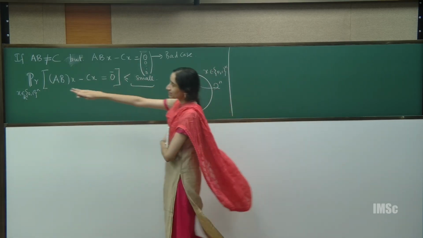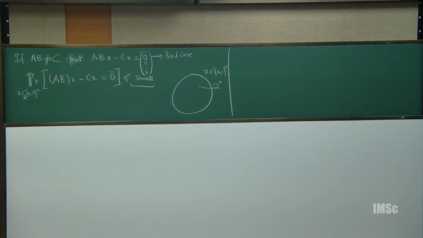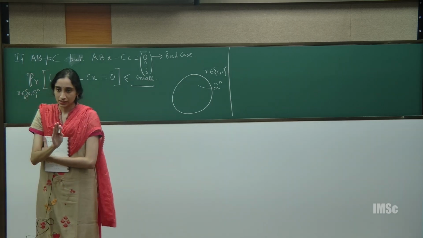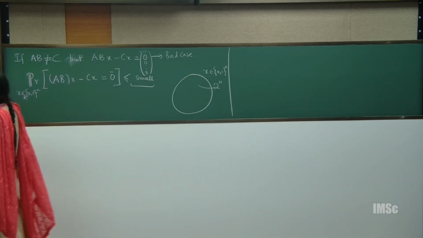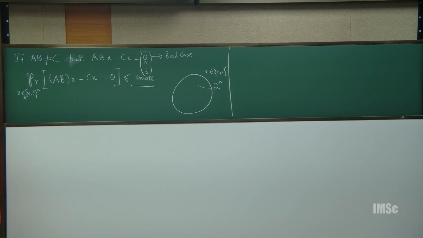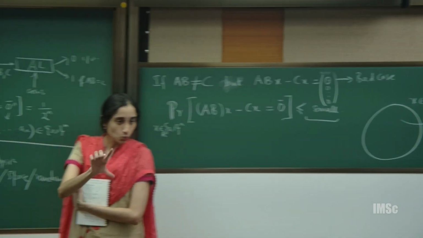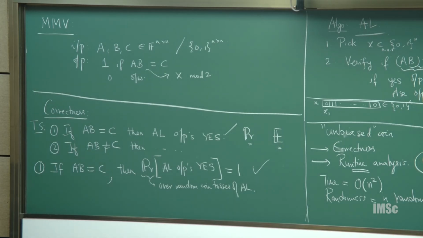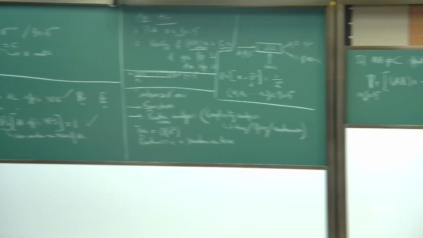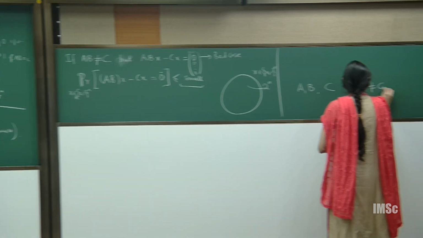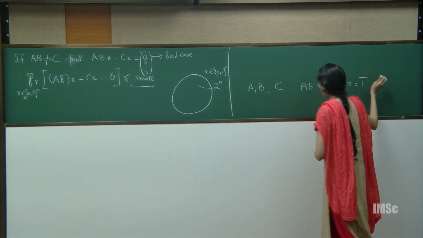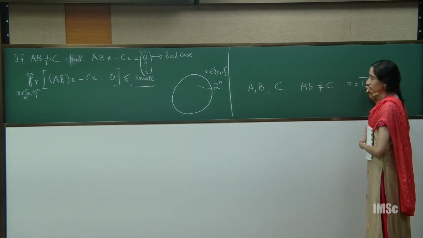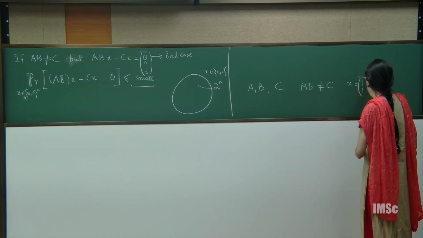Okay, so when does the algorithm error? If the input ABC is such that AB is equal to C, the algorithm is not going to make a mistake, right? So the only possibility is AB is not equal to C, and we picked a wrong X. So in the example in the morning, I don't know if you attended, we had two 2x2 matrices, AB and a matrix C, such that AB was not equal to C. But when you pick X equal to all ones vector, so this is vector notation, okay, so if you are not comfortable, then it's 1, 1.